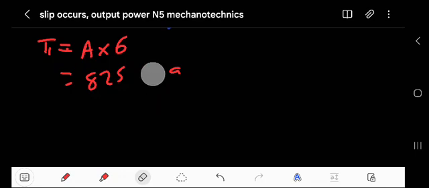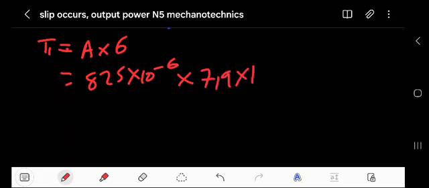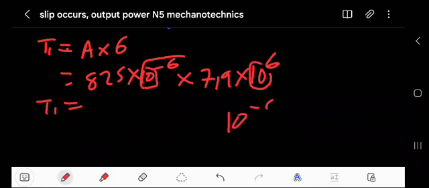However, let me just do my thing. Note 7.9 was megapascal, times 10 to the power of 6. It's because by the laws of exponents, remember these bases are the same, 10 and 10. 10 to the minus 6 plus 6 that we add will be what? 0.